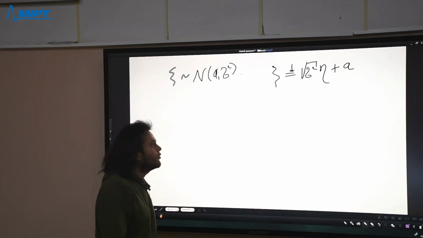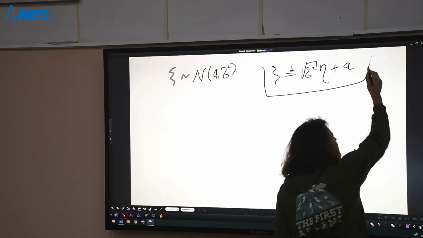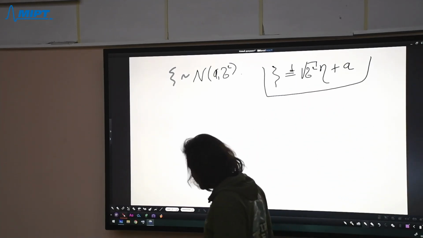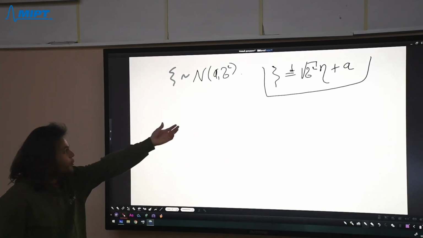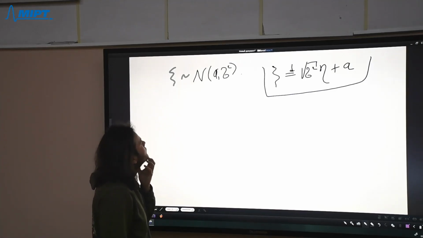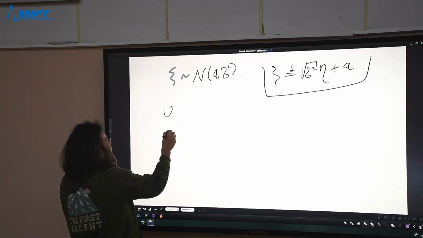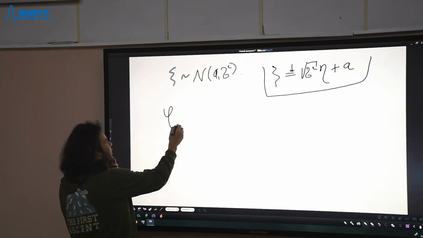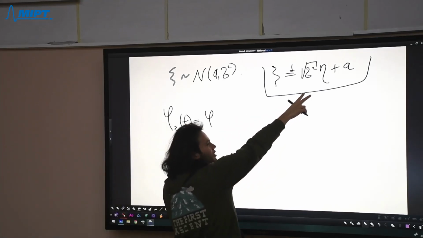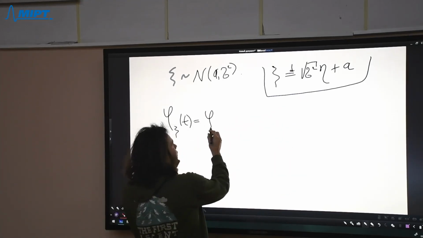I say this a lot of times. In the exam, I can ask you to prove this. This is a good exercise to prove why this is true. So if we want to find the characteristic function of psi, we can find the characteristic function of this new random variable.